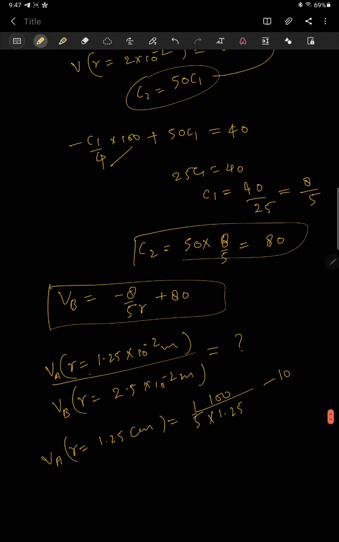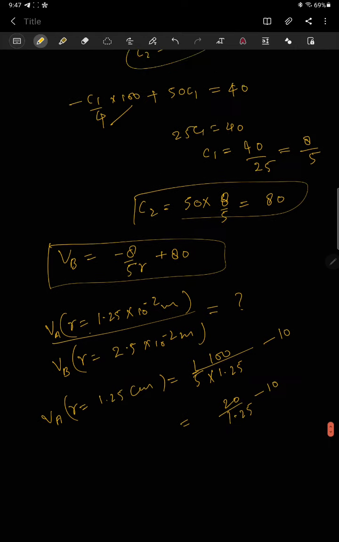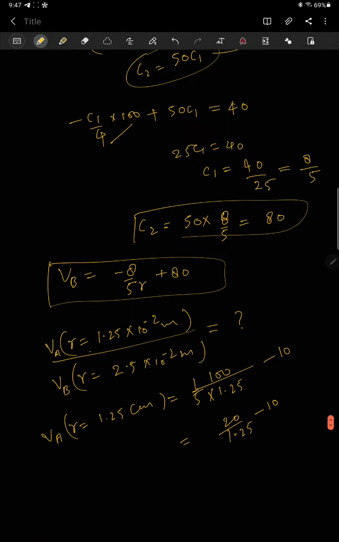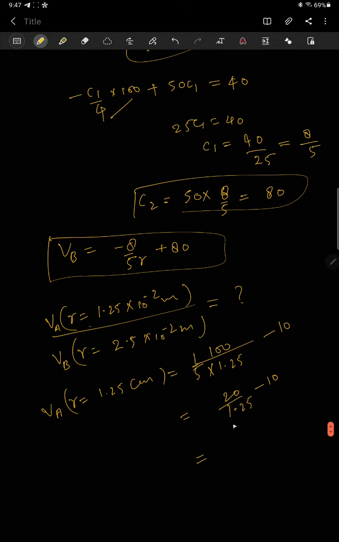So how much will it give? This is 1. So this will become 20 by 1.25 minus 10. Is it 10? Yeah. 20, 200, 125 minus 10.